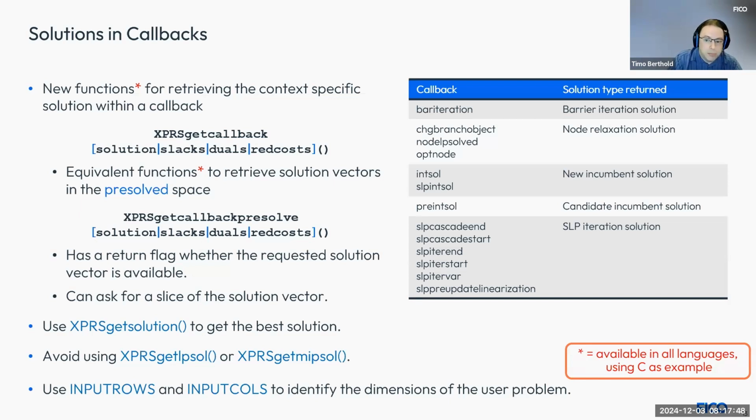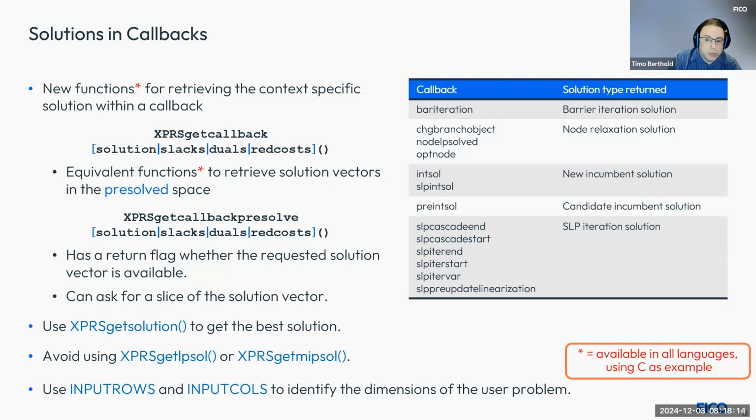So potentially a fractional point, not necessarily feasible, not necessarily optimal. Is it an integer solution callback? Well, then the solution obviously refers to a newly found integer solution. While in a preintsol callback, it would only be a candidate solution. Branching or an optnode callback, well, then solution probably refers to an optimal LP solution.